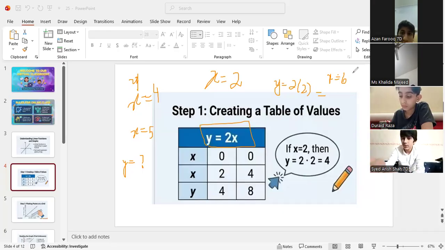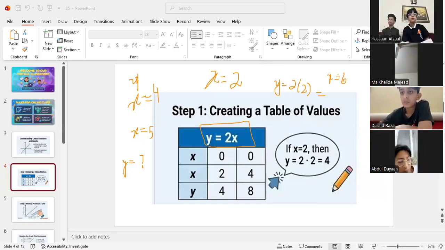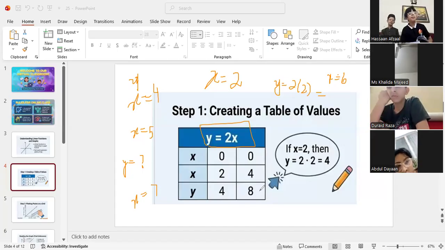Is this clear to everyone, what I'm talking about, the constant rate of change? Arish, if I say x is equal to 7, what will be the value of y?